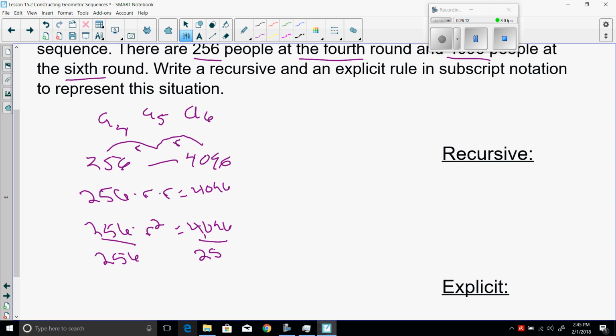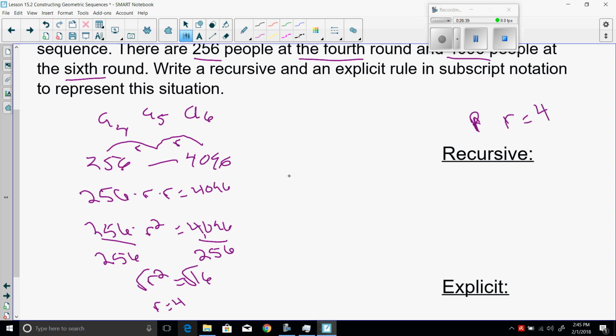Again, apologize for my handwriting. That gives me r squared is equal to, when I divide that by 256, I get 16. So then the square root of each, this one's much easier than taking the square root of 1/9. The square root of 16, r is just equal to 4. Okay, so now I found my common ratio. Lowercase r is equal to 4.